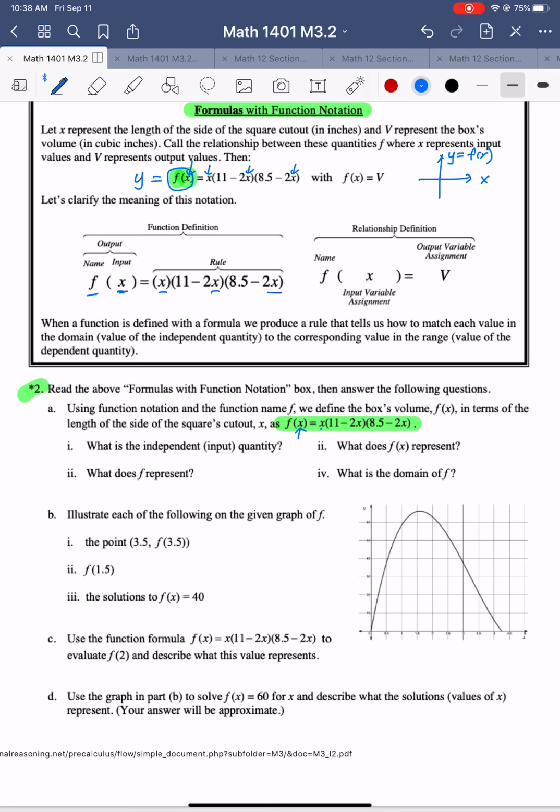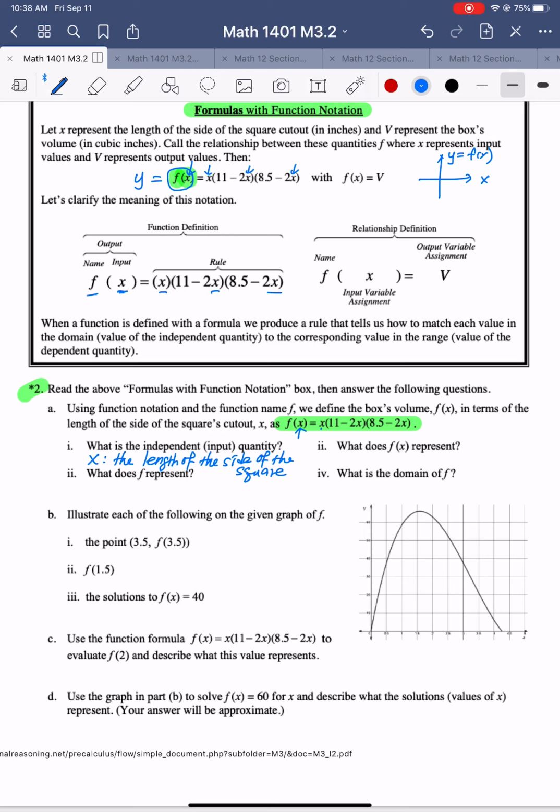So x represents the length of the side of the cutout square. And then number 2, what does the f represent? The f is the name of the function.